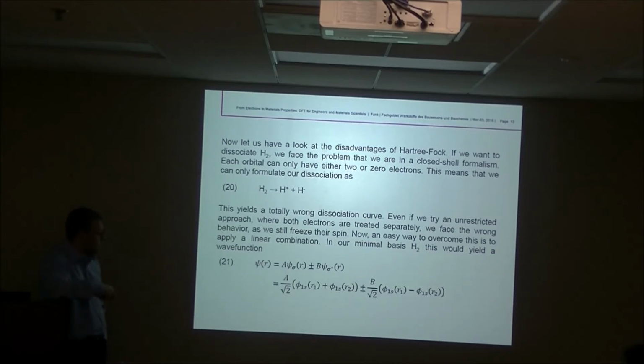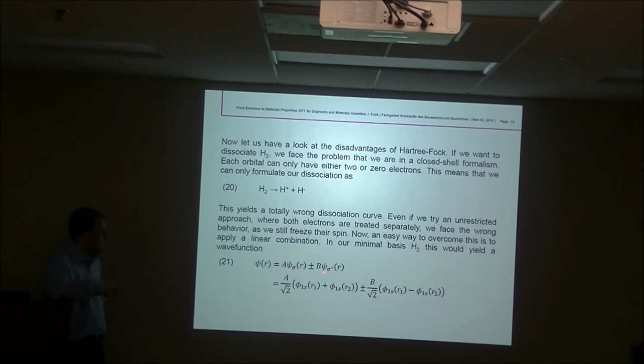And if we dissociate, well, in the plus combination, we obtain 2 times, well, with the exception of this 1 by square root of 2, we obtain 2 times phi 1s in coordinates of r1. And in the minus combination, we obtain 2 times phi 1s in coordinates of r2. So A and B are then 0.5. And it works because we are seeing just the average of those.